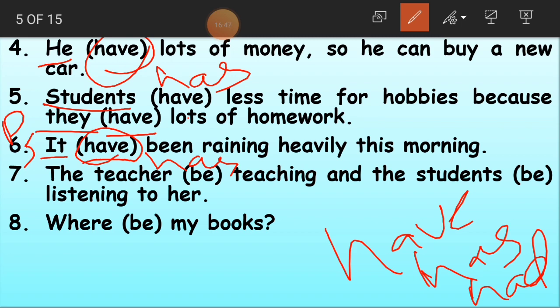The teacher dash teaching and the students be listening to her. What we have to do here is first identify the tense of the sentence. The teacher teaching, listening. In the sense it's going on right now. I am teaching you.